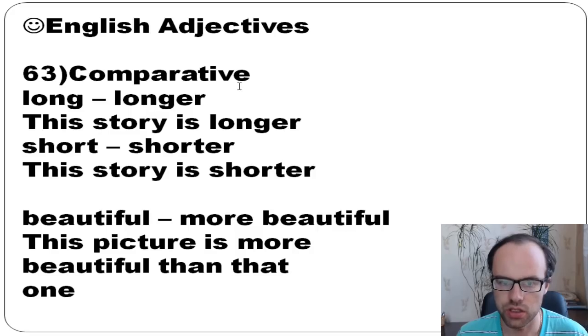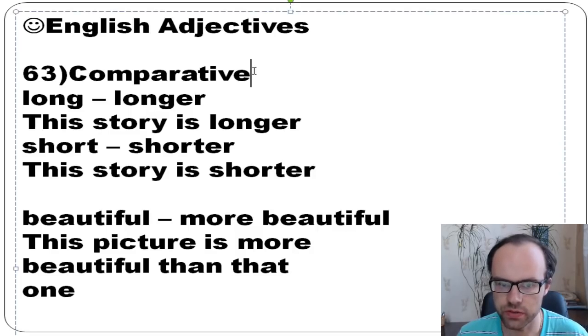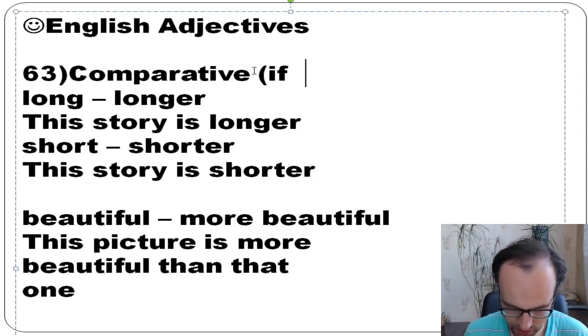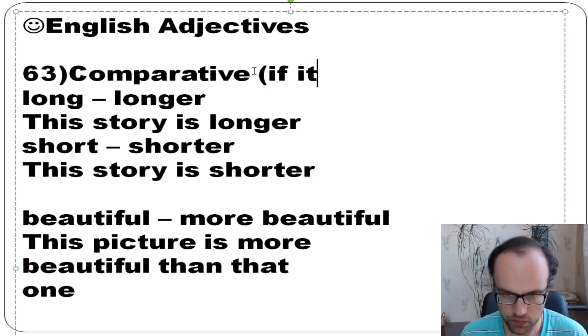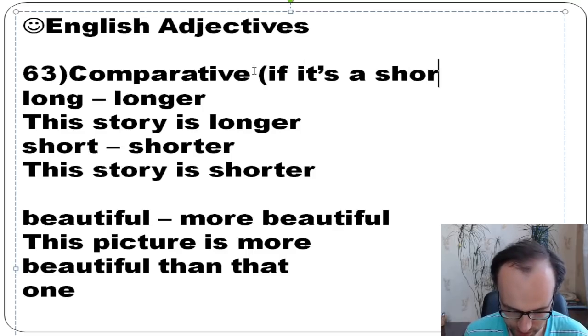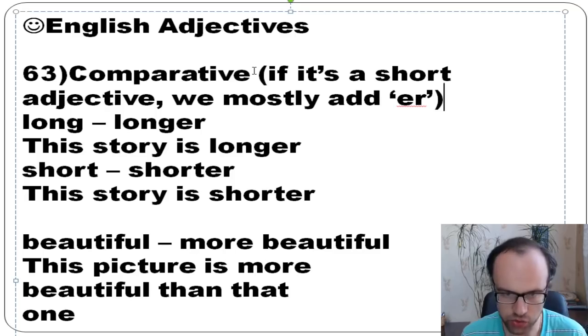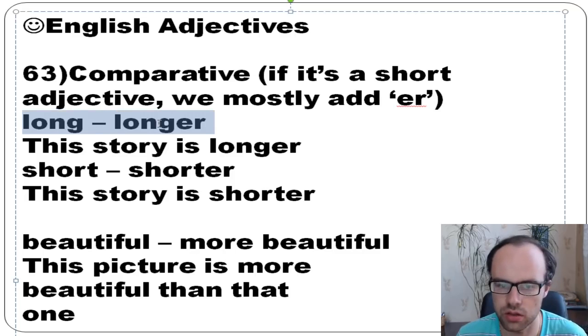If it's a short adjective, we mostly add er. So, long, longer. This story is longer. Good. Short, shorter. This story is shorter.